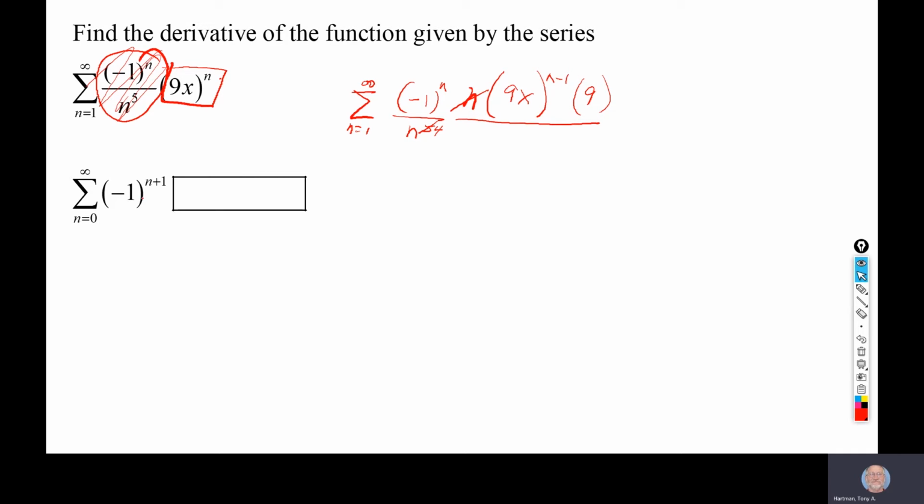But we have one other slight issue in that the answer starts indexing at 0, and ours starts indexing at 1.